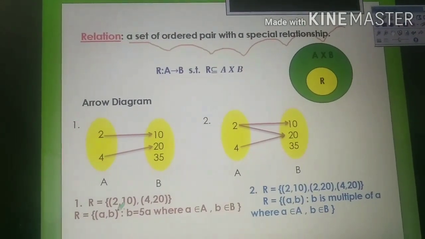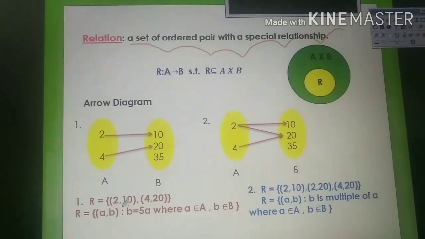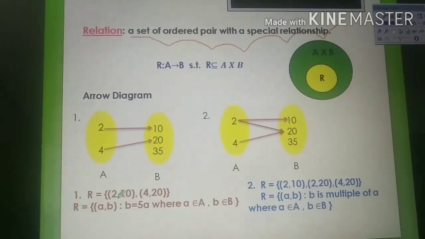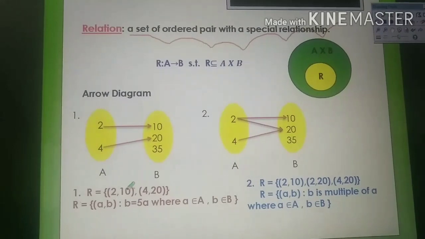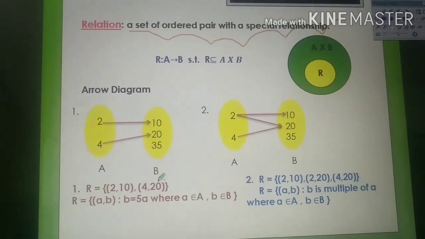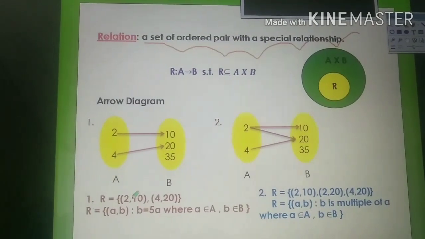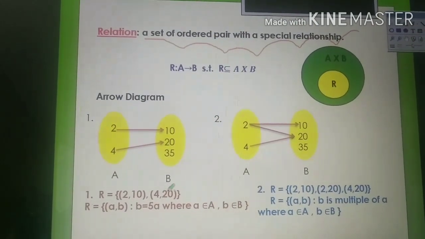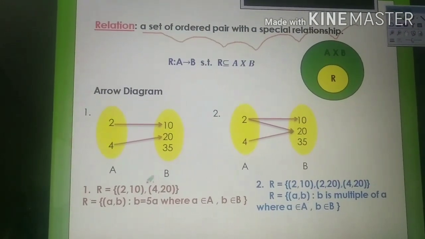We have taken some elements from the Cartesian product that we found in the previous slide. The elements of the relation are (2, 10) and (4, 20). So some elements we have taken from the Cartesian product, that is (2, 10) and (4, 20).